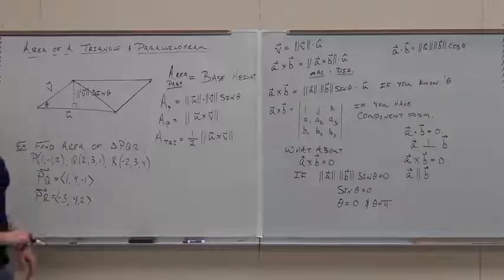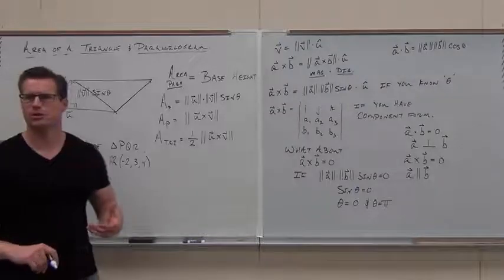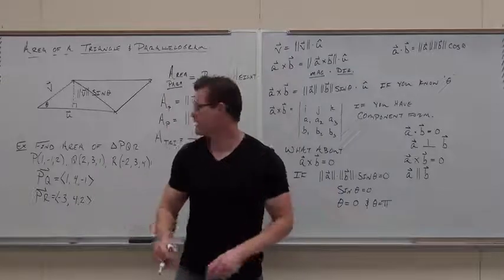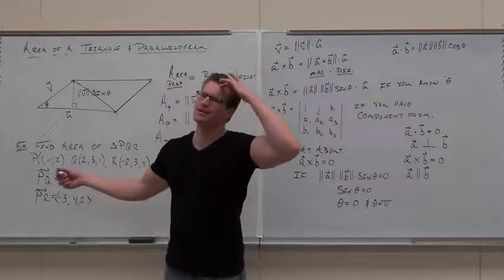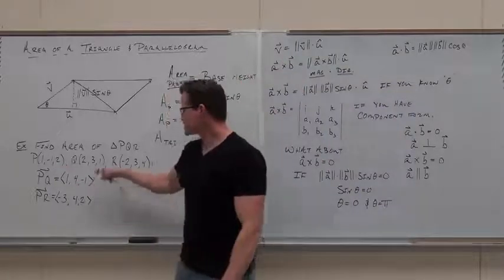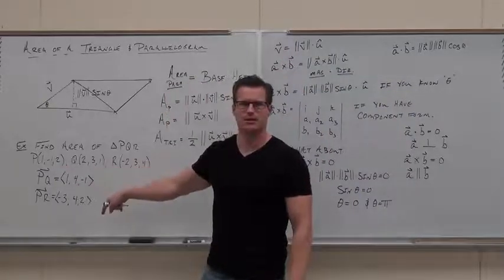Take some time when you do these, double check. It'd be the worst thing in the world to know how to do a cross product, to know what position vectors are, to get everything done, and then, oh man, I put 1, it was -1, and you get the whole thing wrong. Don't do that to yourself. So take some time. Did you get the same thing that I got?